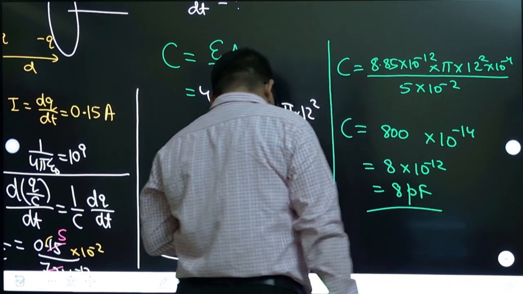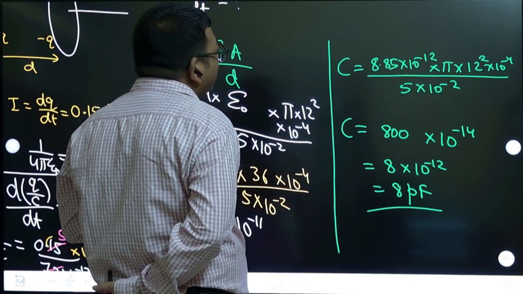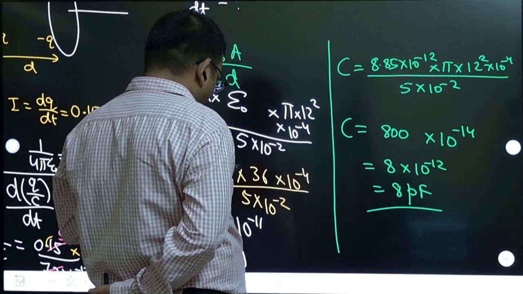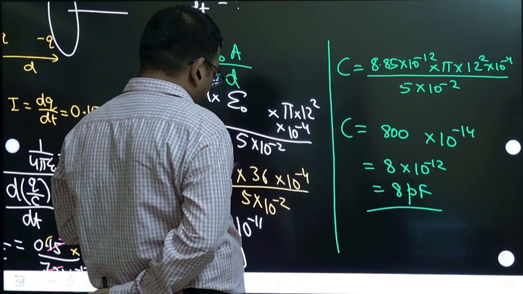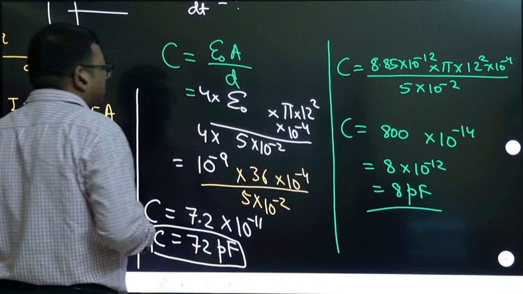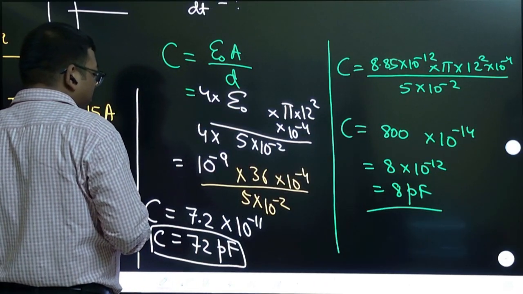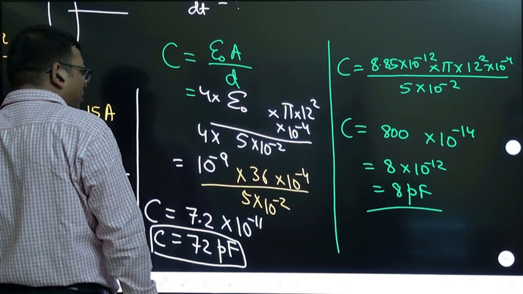Where is the mistake happening? This is the exact calculation. Why is it not giving the answer? Because that is 8 and this is 72, quite a lot of difference is there.